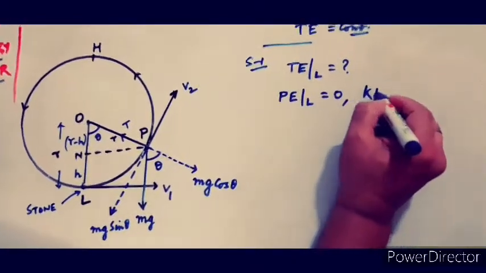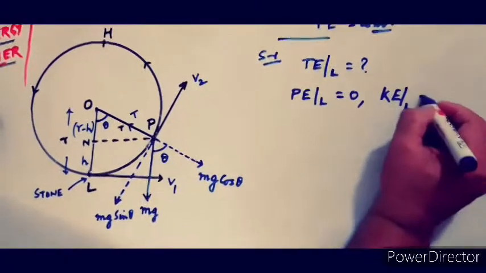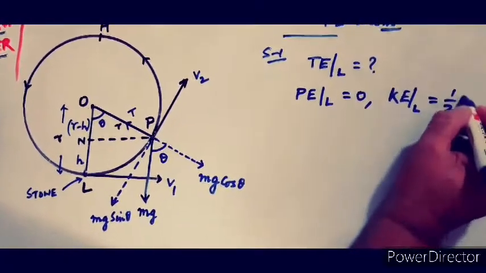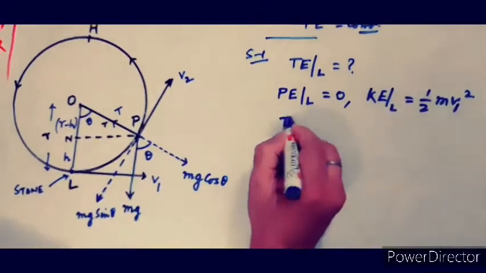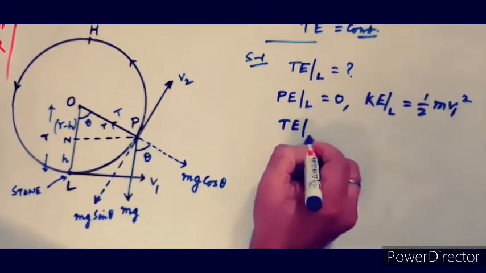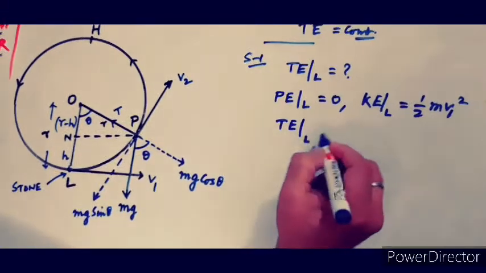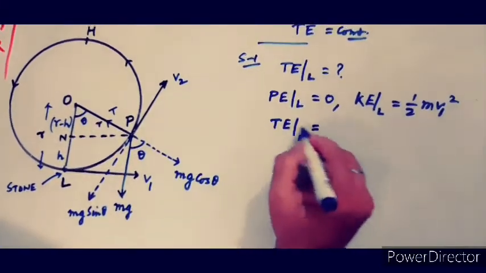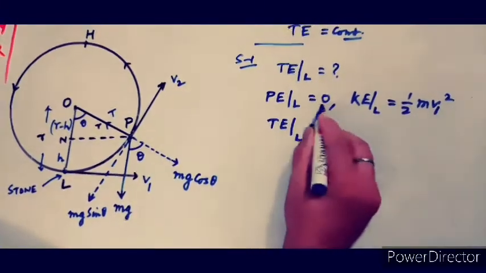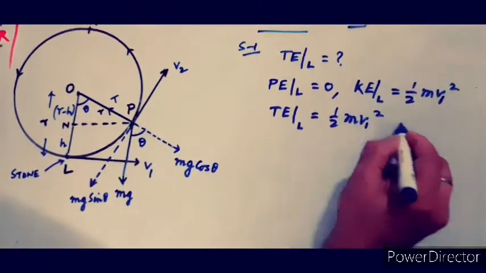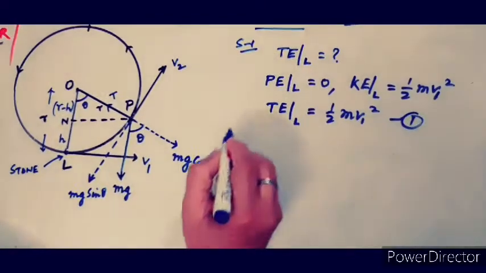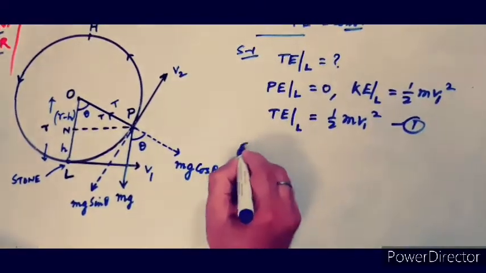The kinetic energy at point L is half m v1 square. So the total energy of the stone at point L is this plus this, that is half m v1 square. Equation number 1.